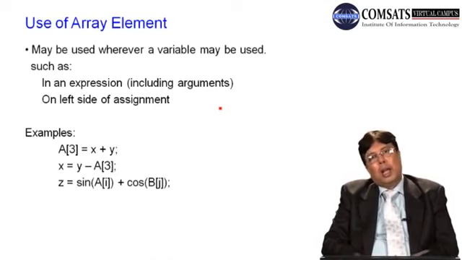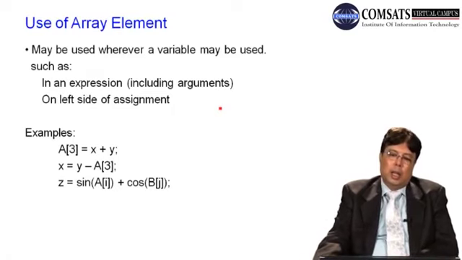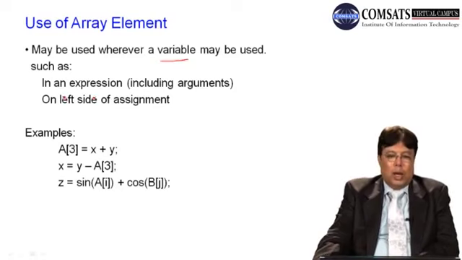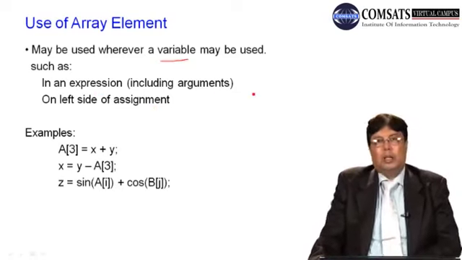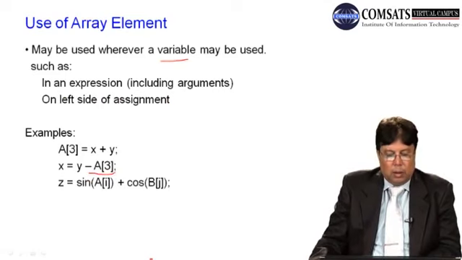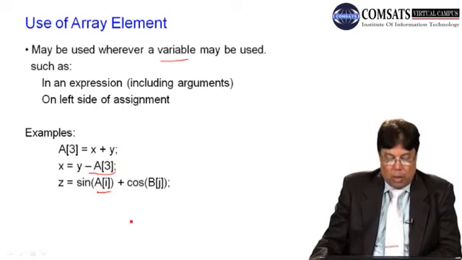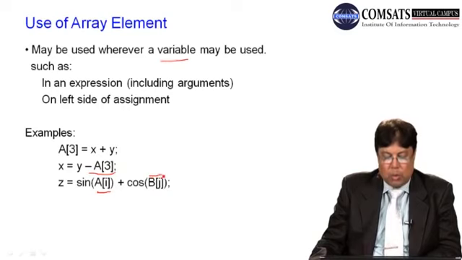हम ऑलरेडी बात कर चुके हैं कि हर डेटा एलिमेंट जो है, जो हर वेरिएबल अरे का है, उसको अरे एलिमेंट कहते हैं. और अरे एलिमेंट को हम ऐसे ही यूज कर सकते हैं जैसे हम किसी वेरिएबल को यूज करते हैं. ओके, सो in an expression including arguments हम यूज कर सकते हैं, जैसे कि यहां पर हमने यूज किया. हम इसको आर्गुमेंट के अंदर यूज कर सकते हैं. sin is a function जिसके आर्गुमेंट में हम a of i पास ऑन कर रहे हैं. cos is a function जिसके आर्गुमेंट में हम इसको यूज कर रहे हैं.